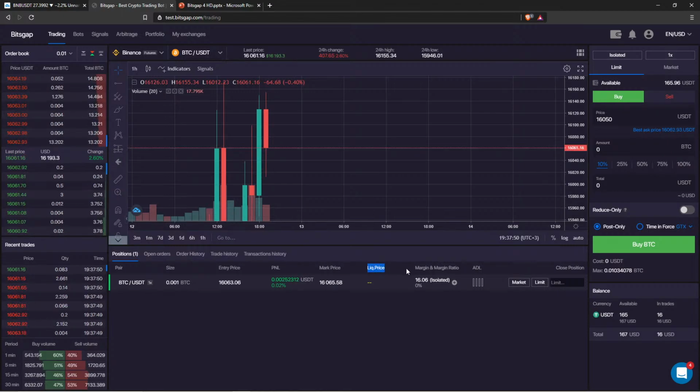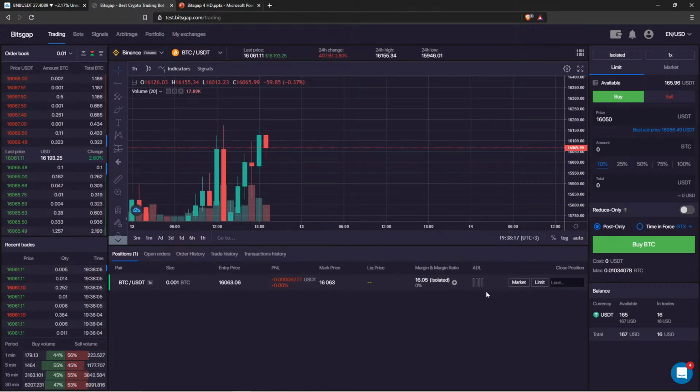The liquidation price here is basically zero because the amount of Bitcoins purchased is so insignificant relative to my total balance on futures exchange. It basically doesn't show the liquidation price here. But the margin here used is 16 USD in this case. So that's in this case the maximum loss for my trade.